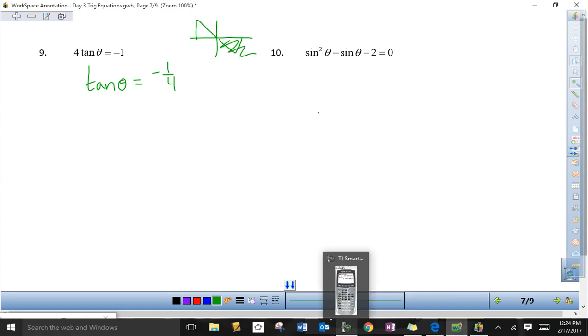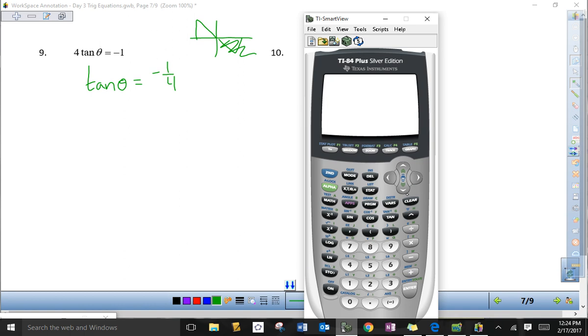But the problem happens when we try to take the inverse here. If I take inverse tangent of negative 1/4, I get a negative number, because it's finding this angle here instead of the first one that I want. Remember, in our instructions at the very first part of the paper it said solve the equation on the interval from 0 to 2 pi.